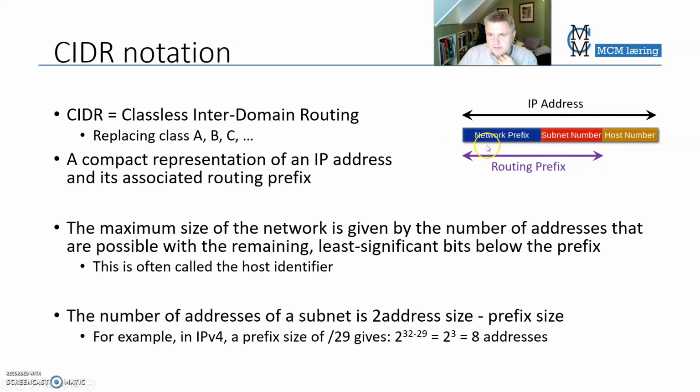For example, this blue section here, the network prefix, could be for the company, and then the red one for the subnet within the company. The routing prefix is both the network prefix and the subnet number. All the bits here tell which routing prefix it is, and the rest is for the host numbers.